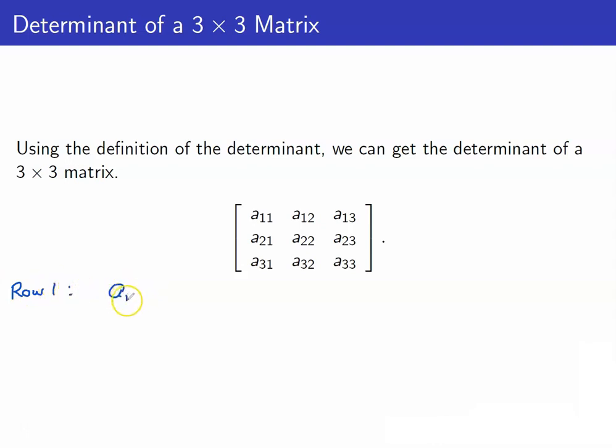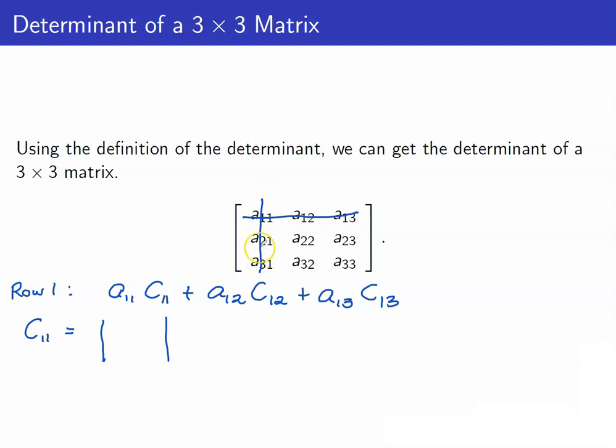Using row 1, it's A11, C11, plus A12, C12, plus A13, C13. What is C11? This is positive 1 times the determinant of, remove first row, first column, A23, A32, A33.